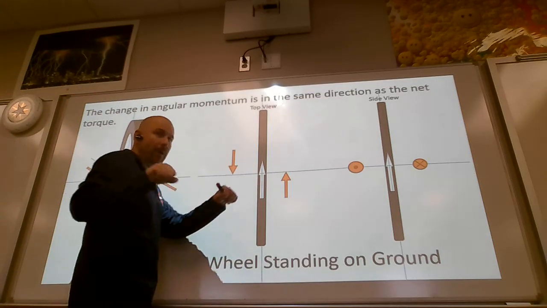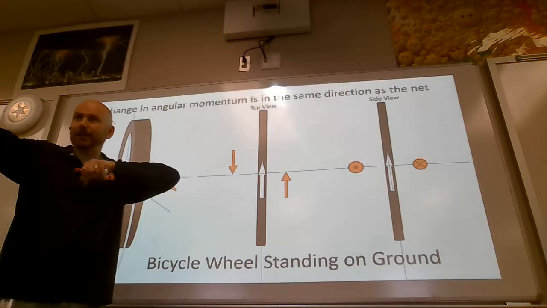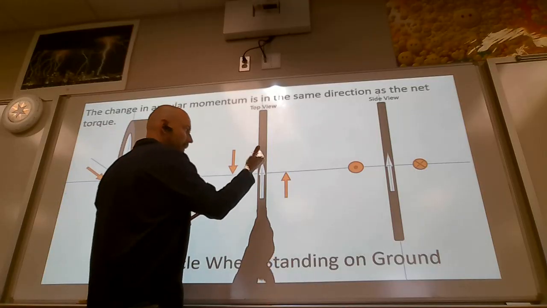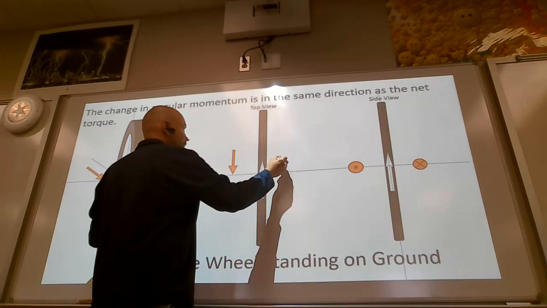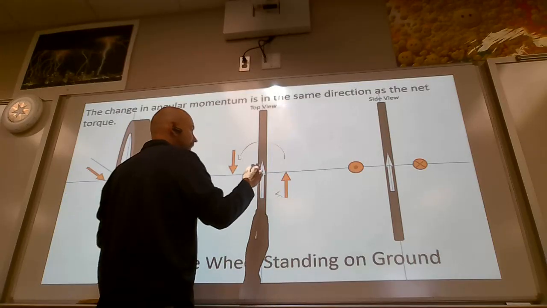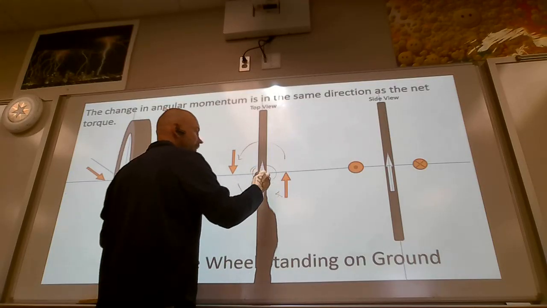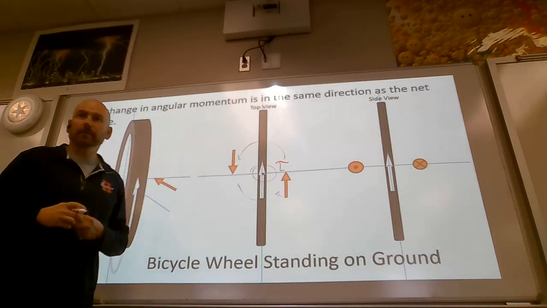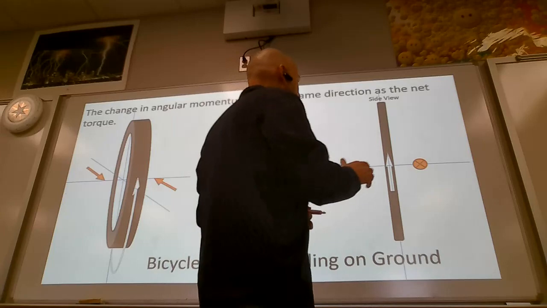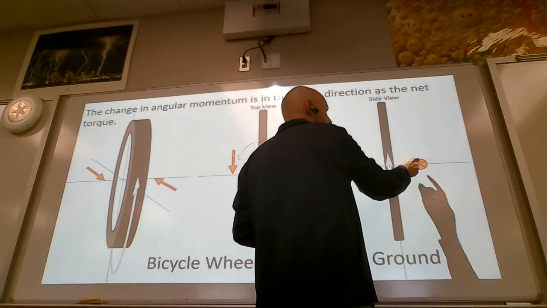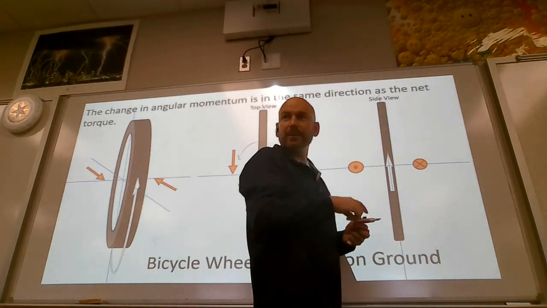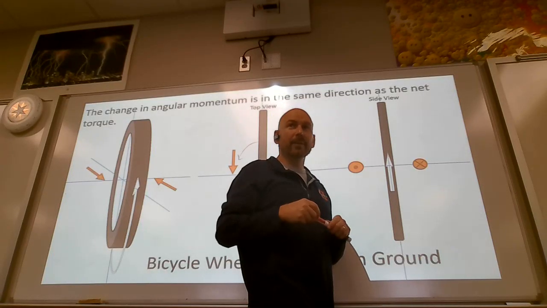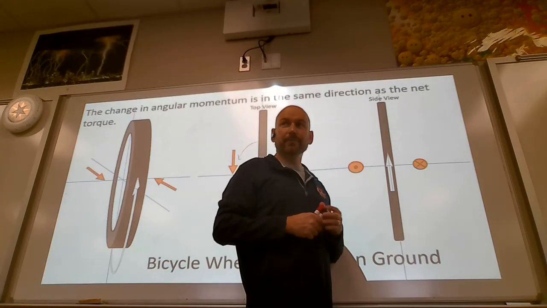You wanted it to pivot this way. So looking down on top, the direction of the torque technically is out of the page here. That's what you wanted it to do. So X into the page, dot out of the page, three-dimensional vectors.